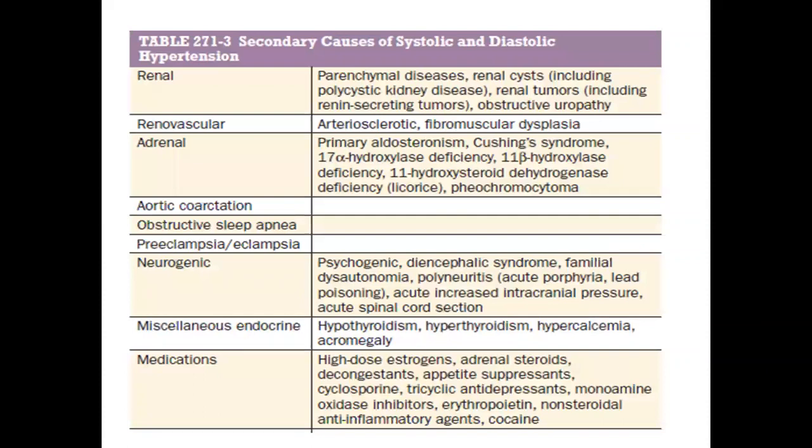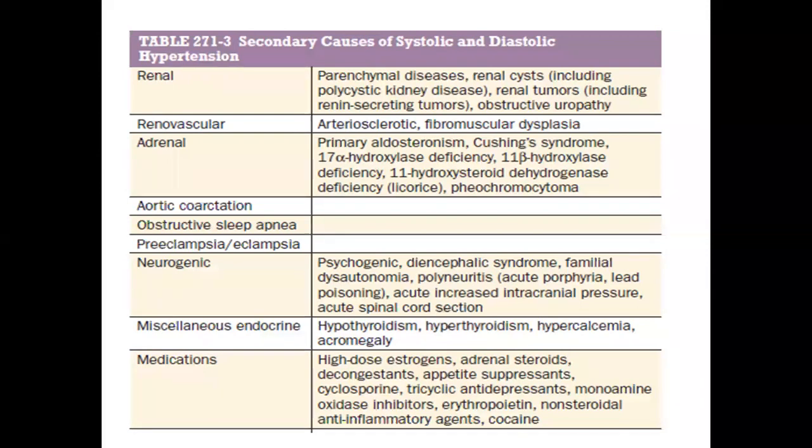There are various causes of secondary hypertension. Mainly, it is divided into various categories, and various systemic diseases like renal diseases, including renal cysts, polycystic kidney disease, tumors, obstructive nephropathy, and other renovascular disease, any adrenal diseases, as well as coarctation of the aorta, obstructive sleep apnea, and other miscellaneous endocrine diseases like hyperthyroidism, and the use of over-the-counter medications.